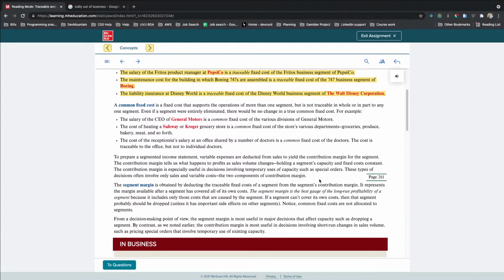Sales minus variable expenses equals contribution margin for a segment.